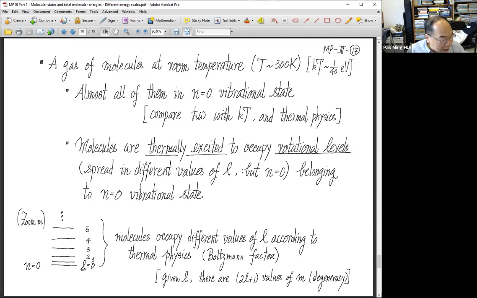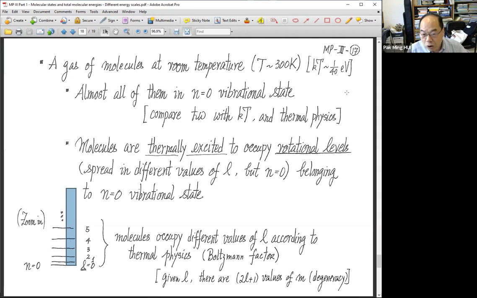If you want to look at how tiny it is, go to sample question 26 this week. The TA plugged in some numbers and showed that at room temperature, basically all the molecules are in the n equals 0 vibrational ground state. However, remember, belonging to the vibrational ground state, there is a set of rotational states labeled by L. The typical energy here is 0.001 eV.